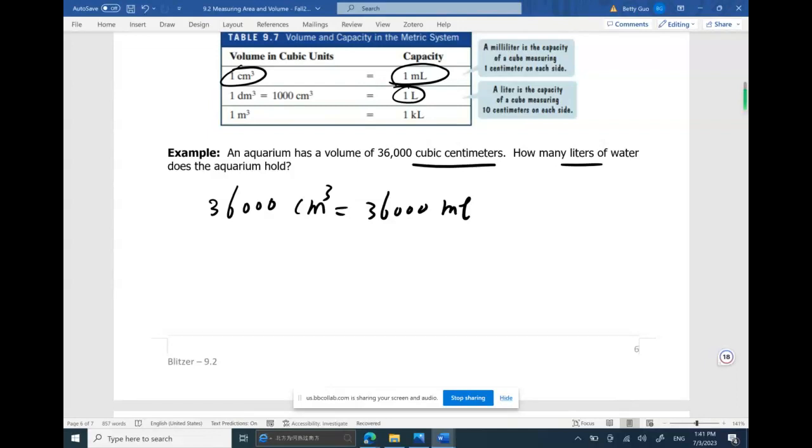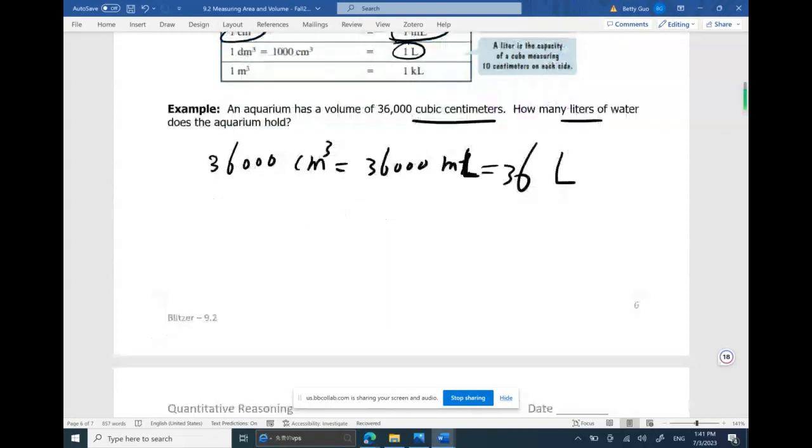Remember, milliliter is a 1,000 times smaller unit than liter. So we move the decimal point to the left 3 times, because 1,000 milliliters is 1 liter. So 36,000 milliliters gives us 36 liters. So the aquarium can hold 36 liters of water.